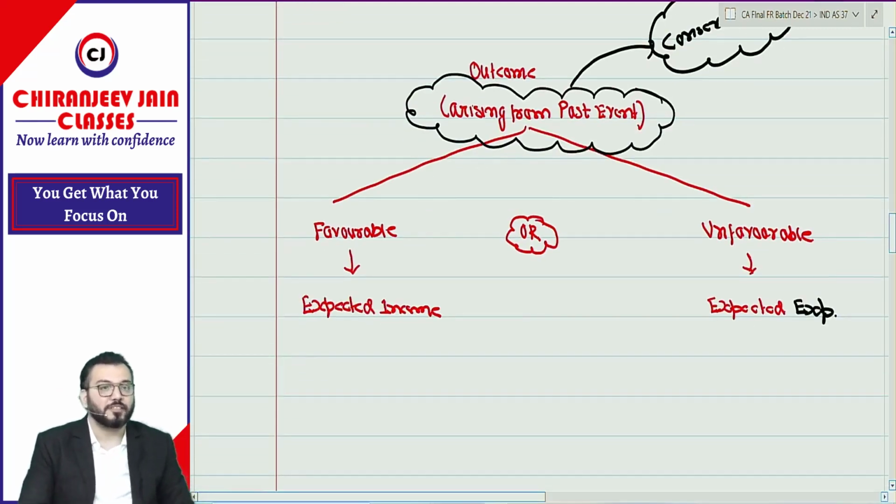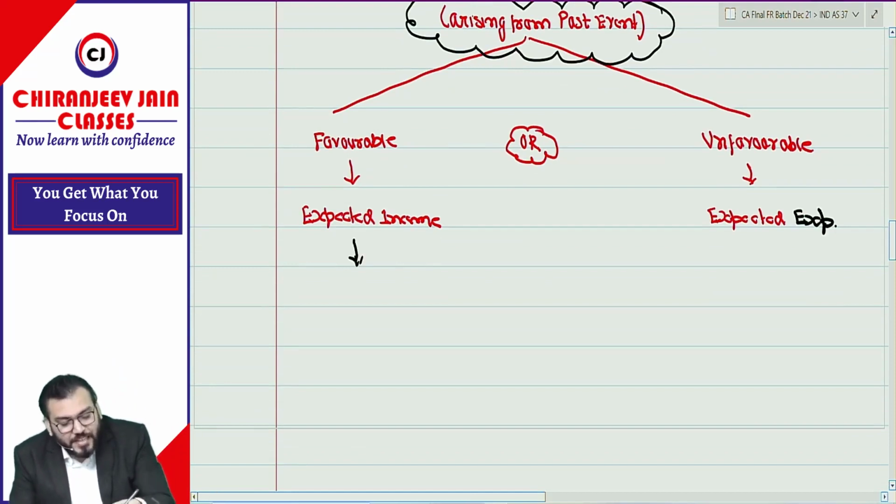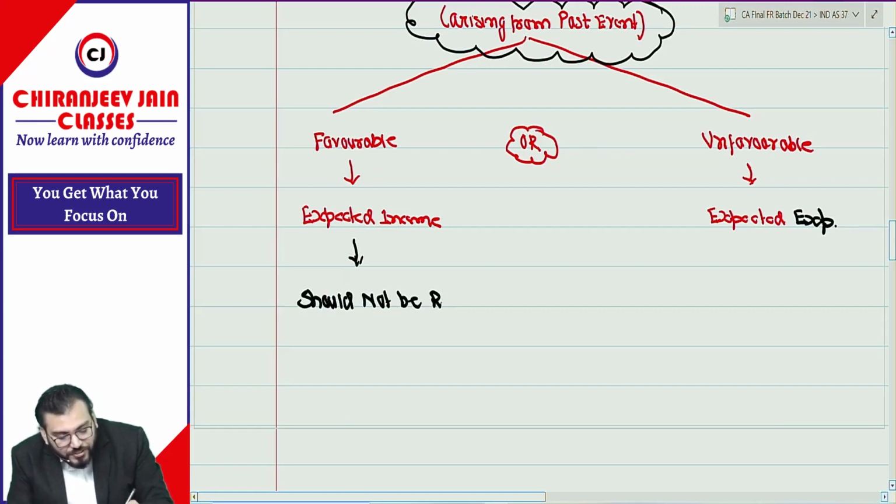Arising from past events. Now you all know that if there is an expected income arising from a past event, we will not recognize it. It should not be recognized.